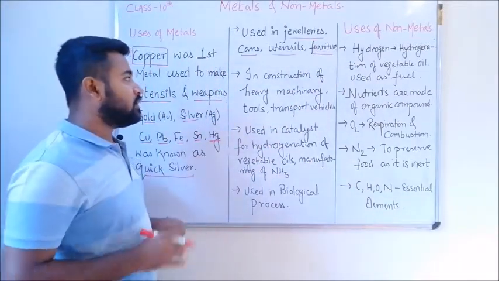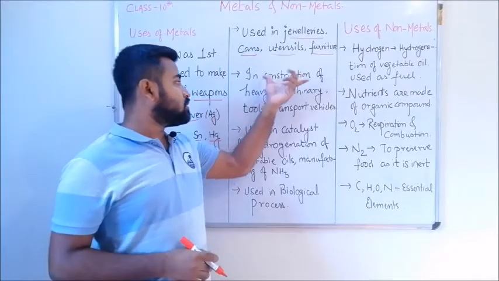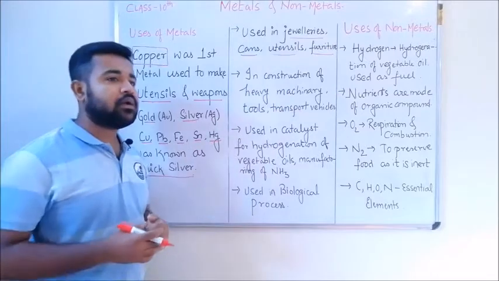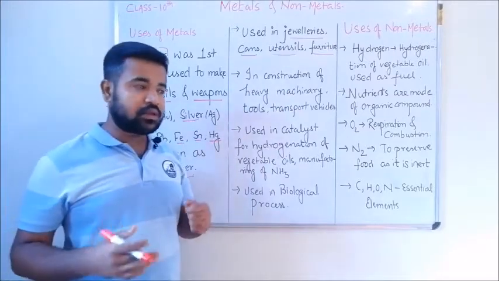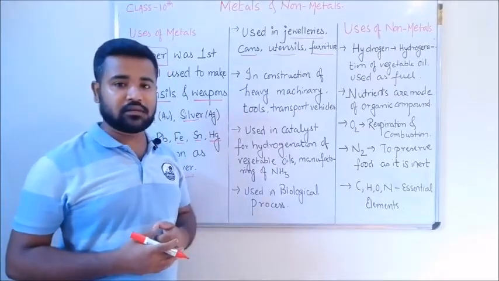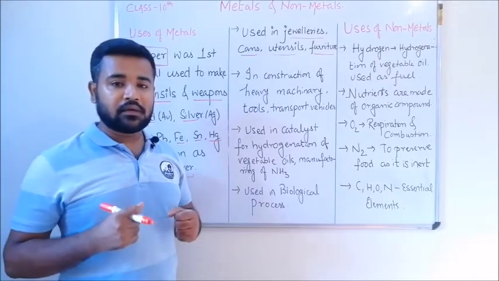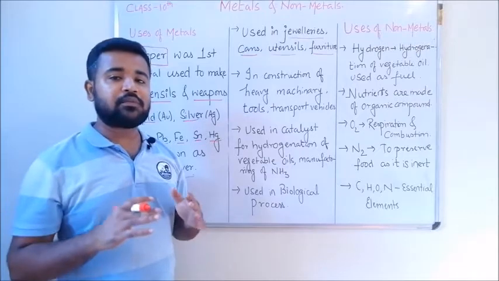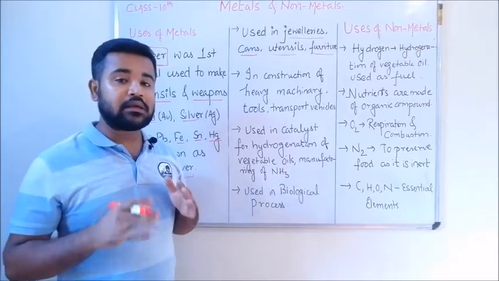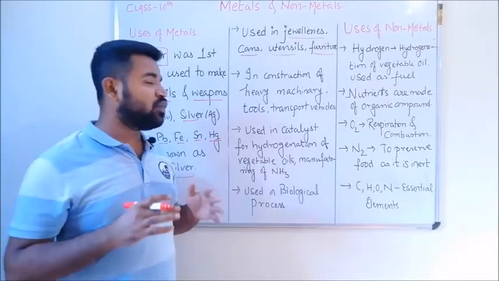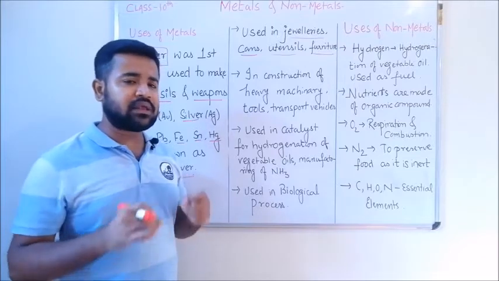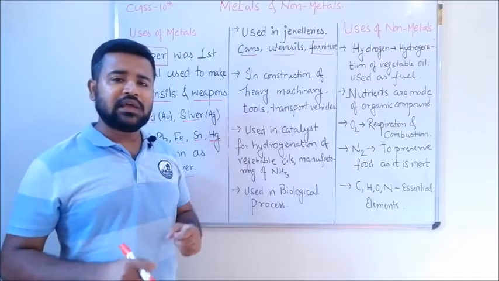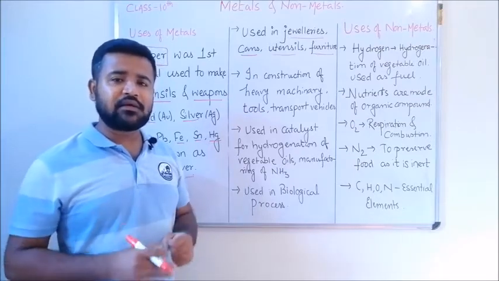Then next is the construction of heavy machineries, tools and transport vehicles. When making heavy machineries, they should be highly durable and highly strong. How can they be made very strong and hard? By using metals. If we used plastic, could plastic hold heavy vehicles or heavy substances?